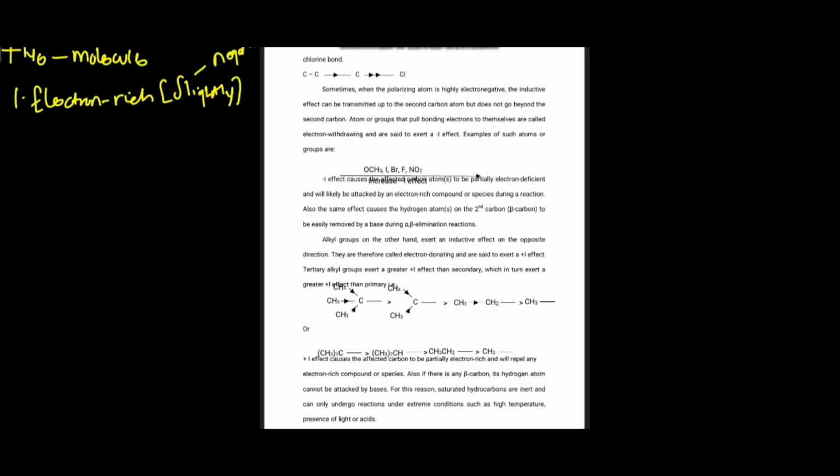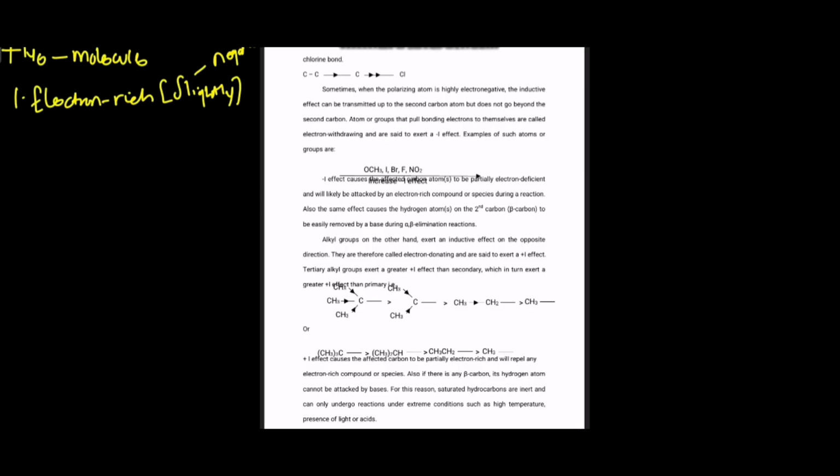Because it makes carbon electron rich, carbon has the tendency of repelling. That is why I said the positive is the opposite of the negative. What happens in the negative is just the opposite of what is happening in the positive inductive effect.